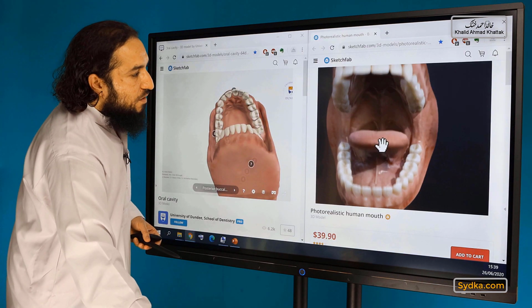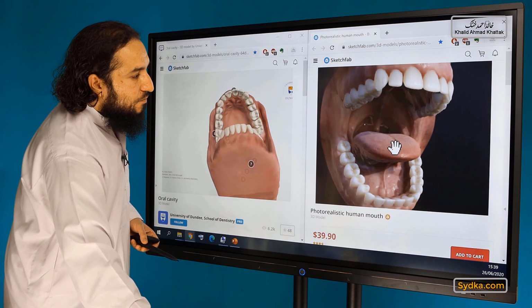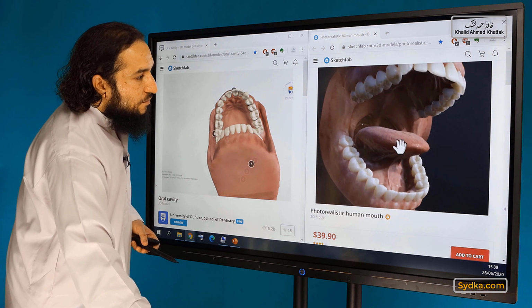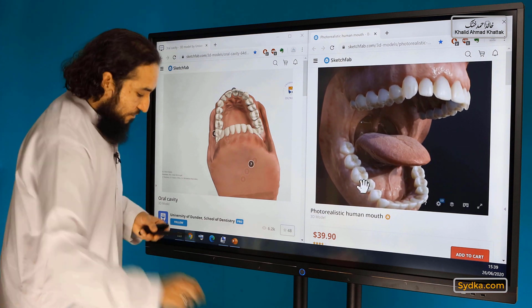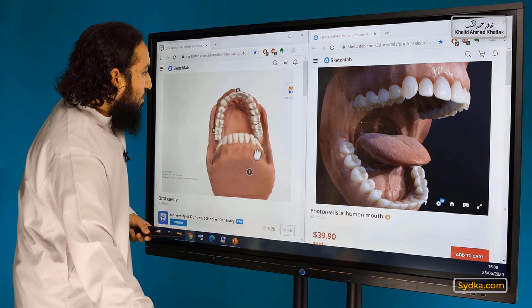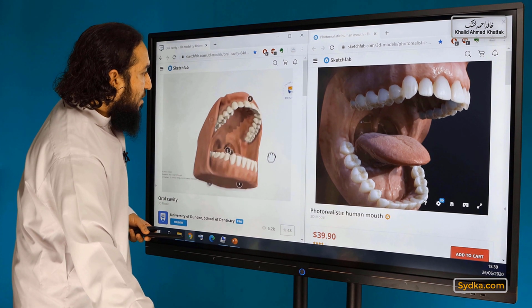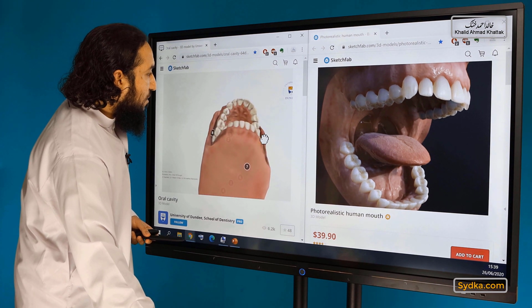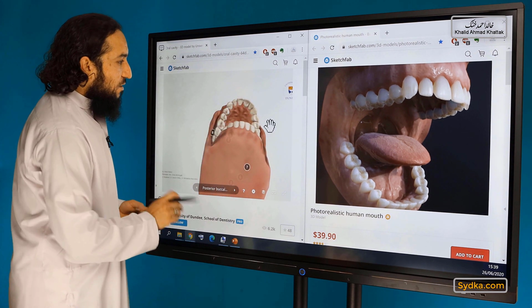Okay, so if we see here, that's our tongue, and let me make this as well. So this is our mouth, and these are the top two incisors.